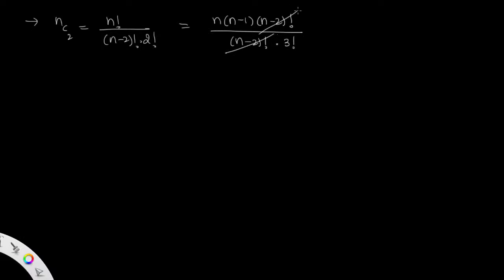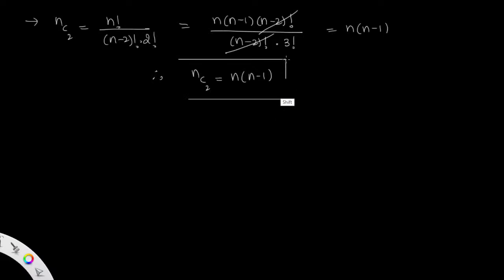Then n minus 2 factorial cancels, and you get n into n minus 1 divided by 2 factorial. So NC0 is 1, NC1 is n, and NC2 is n into n minus 1 by 2 factorial.